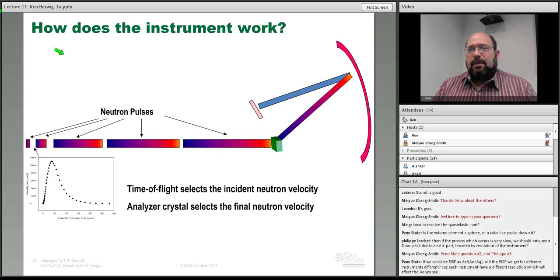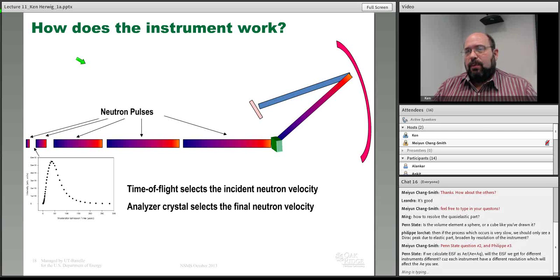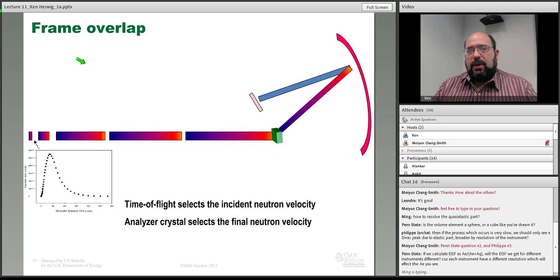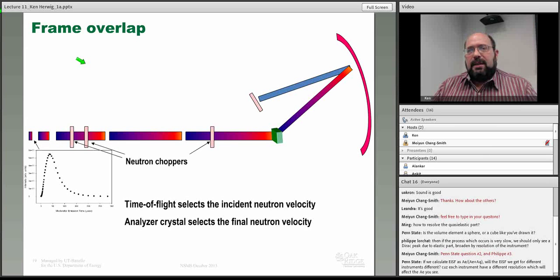Things get a little more complicated though, because if the time between pulses is short enough, the fast neutrons from this pulse will catch up with the cold neutrons from the preceding pulse. And in that case, we won't know what the neutron's velocity was before it hit the sample. So we put choppers along the beamline to chunk up the spectrum that is produced by the source and the moderator.